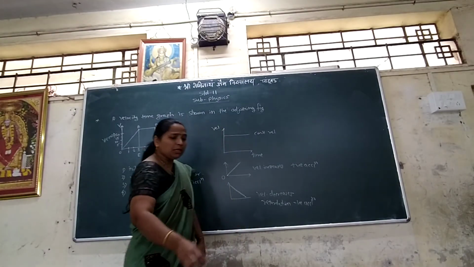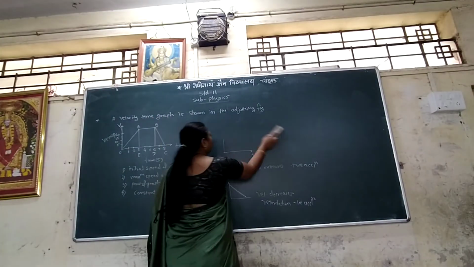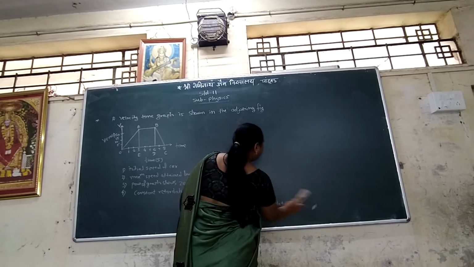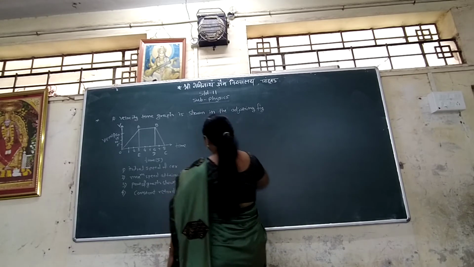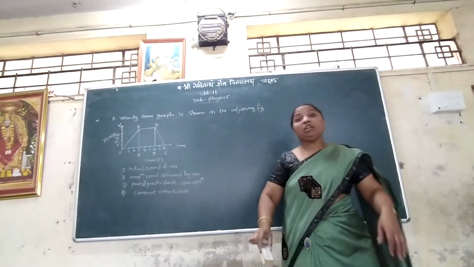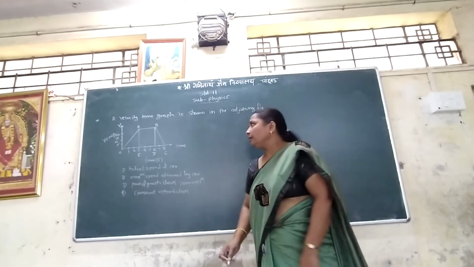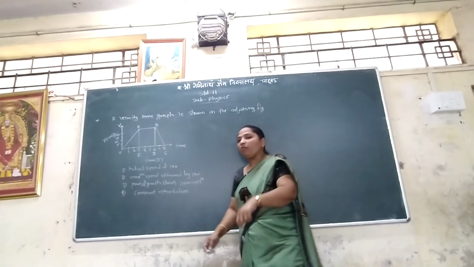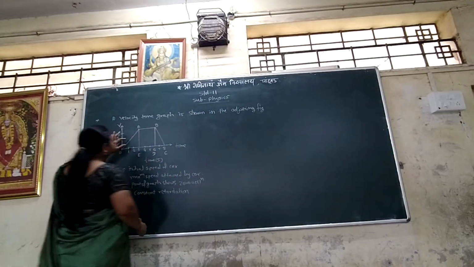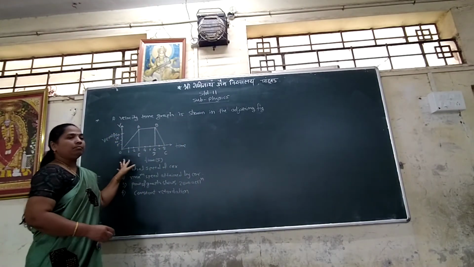Therefore, by graphical representation, retardation, constant velocity and increasing velocity, all types of graph can be considered in that figure.